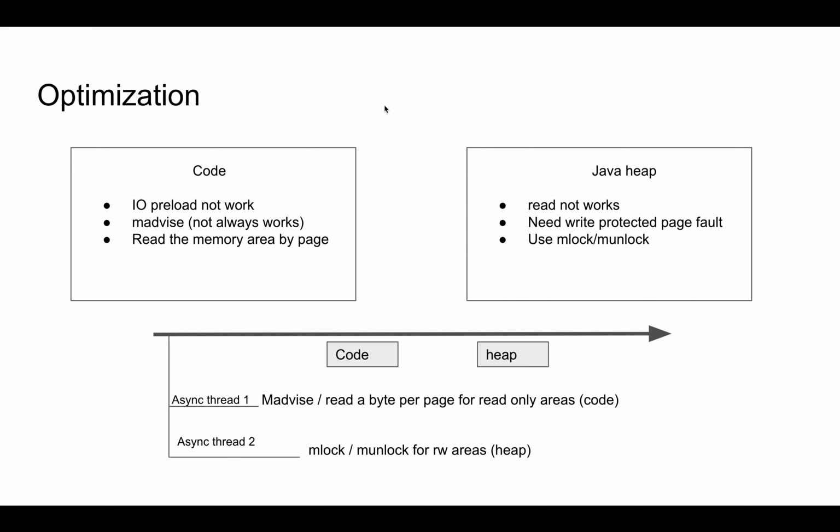For the Java heap, it's more complex because, first, the heap space is inherited from its parent process, and reading the area will not come with a physical page allocated from a page fault. It just reads from the parent page if it exists, and writing to this area can work, but could erase the original content.